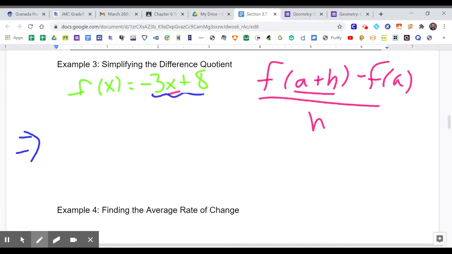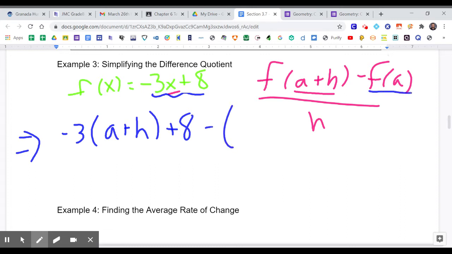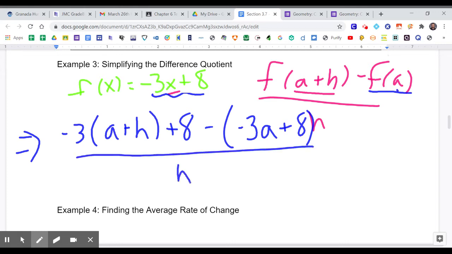Okay, so I'm going to rewrite my formula using this function specifically. So our function using f of a plus h is negative 3 times a plus h, plus 8. Okay, that whole thing, all right, minus, and I'm going to do this in full parentheses because it's a new function, negative 3a plus 8. So remember, all I did is I just put in a for x, all over h. And we're going to see what happens, okay?